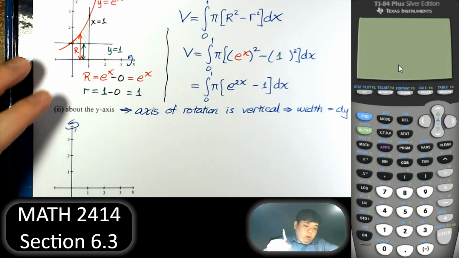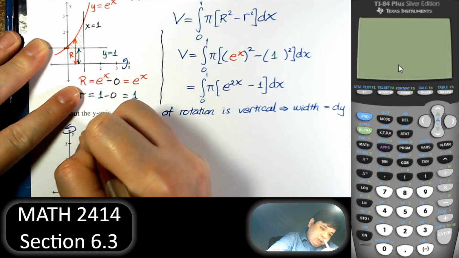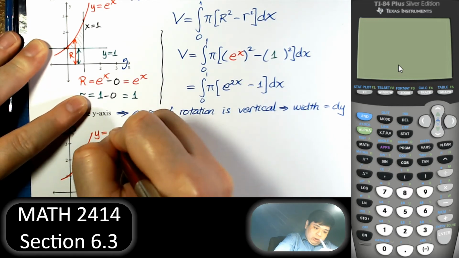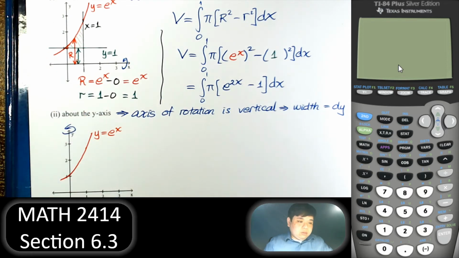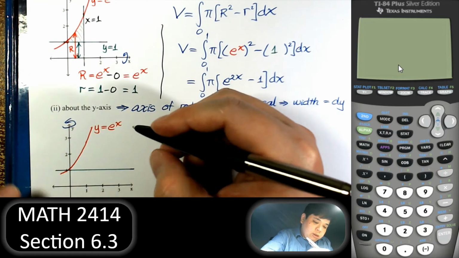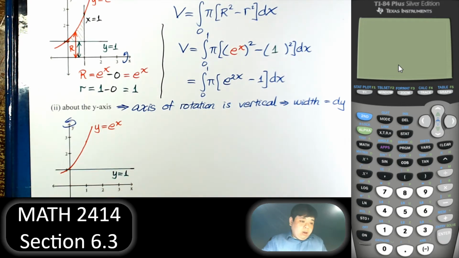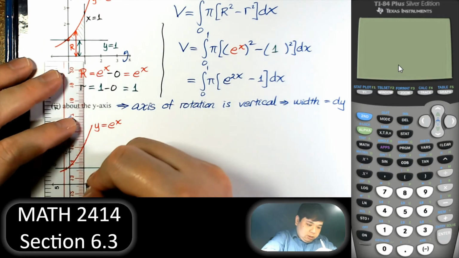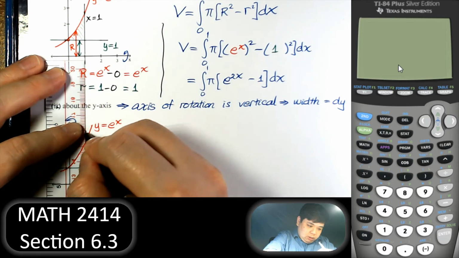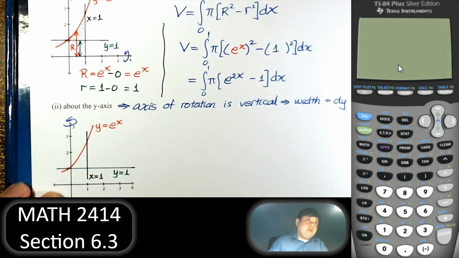Try to draw the same thing. y equal to e to the x, y equal to 1, and then x equal to 1. This time it is rotated about the y-axis.